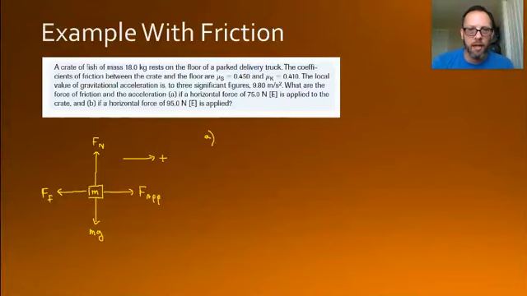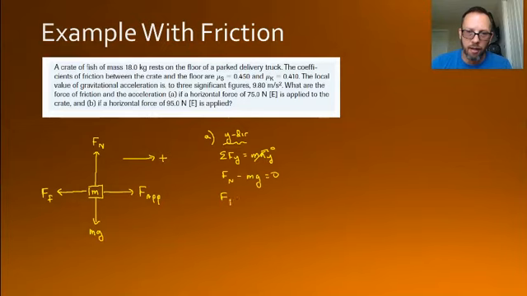First, let's analyze the y direction. The sum of forces in the y direction equals the mass times acceleration in the y direction. But of course, it's not accelerating in the y direction, so this is equal to 0. So this is our classic Fn minus mg equals 0.